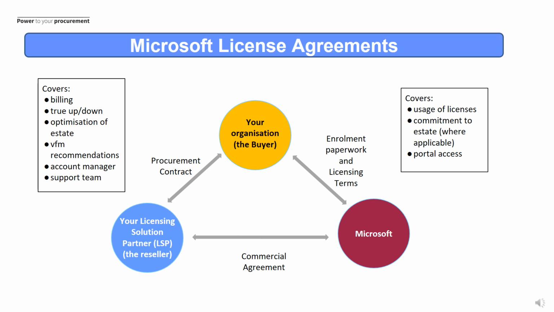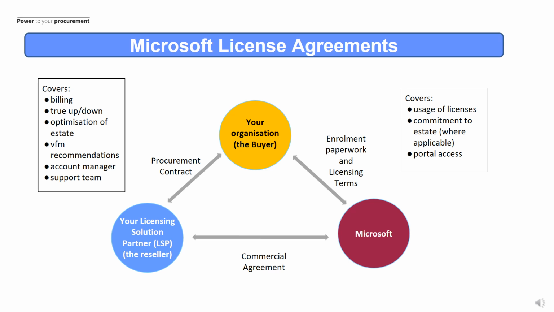You'll have a procurement contract with your licensing solution partner, which is the Microsoft LSP or the reseller of the Microsoft software. And that procurement contract will cover all the good stuff, such as true up and true down, optimization of your estate, the value for money recommendations they can make, and you'll have an account manager and a support team under that contract as well, and also cover the billing for your Microsoft licenses.